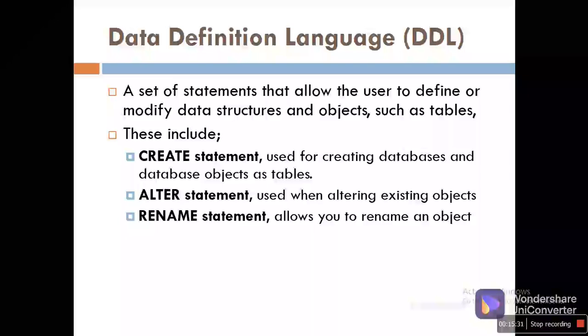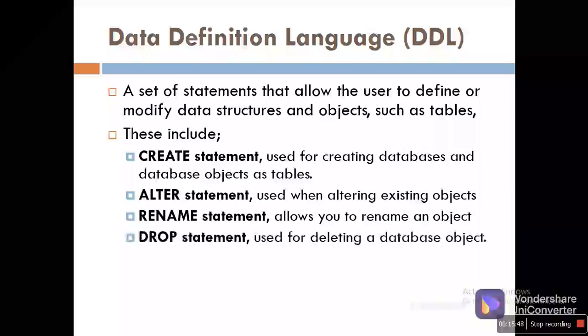Then rename, that is in case you want to change the name of an object. You have given a table name as maybe courses, but you prefer to name it as course table. So in case you want to change the name of the object, use the rename statement for the DDL. And then drop, for in case you want to delete an object.